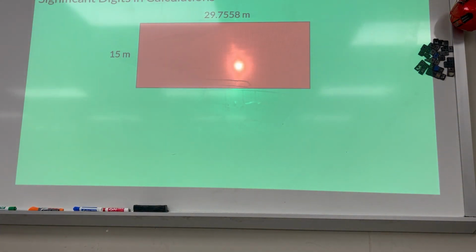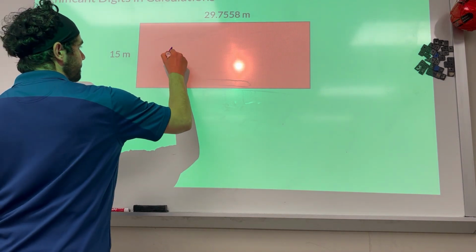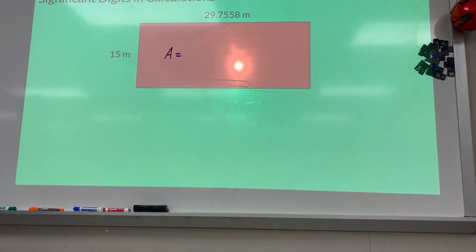Find the area of this rectangle. I assume we can all calculate area? Hopefully. If not, ask your neighbor.